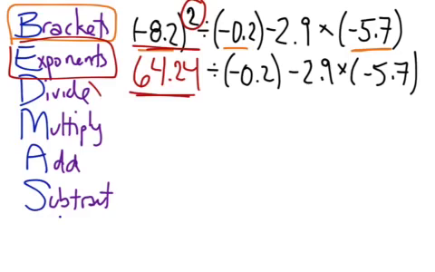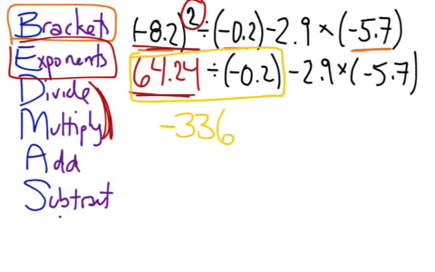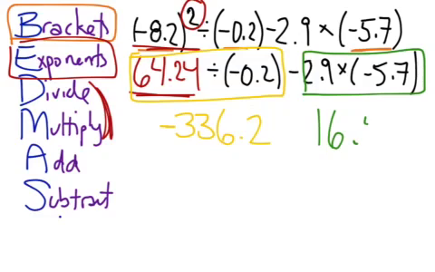Next step, dividing and multiplying, which happen simultaneously. We definitely have dividing and multiplying in this question, so let's figure them out at the same time. I'm going to take 64.24 divided by negative 0.2, and if you do that, you should get negative 336.2, and then we're also going to take 2.9 times negative 5.7, and that will get us 16.53.